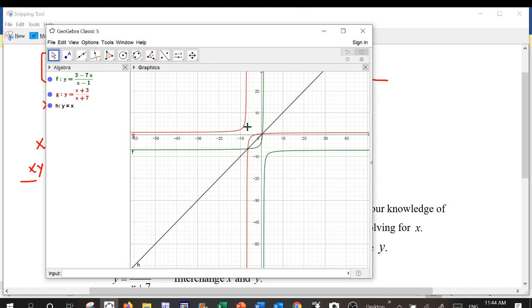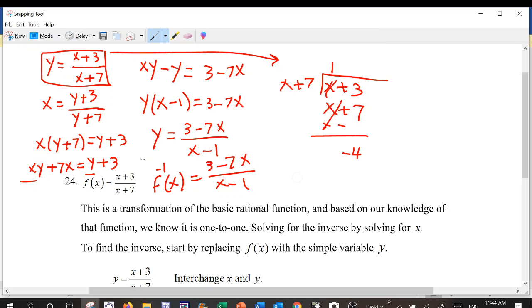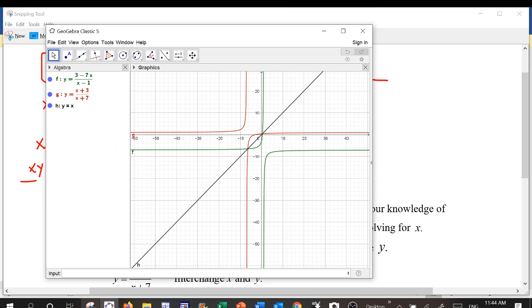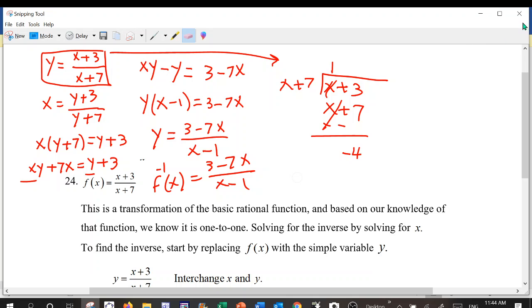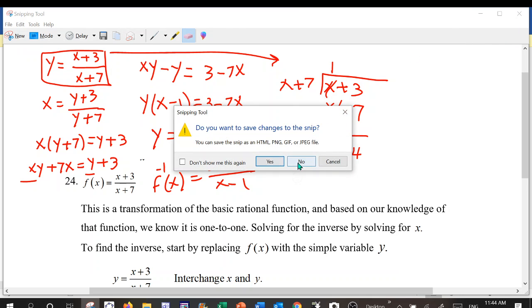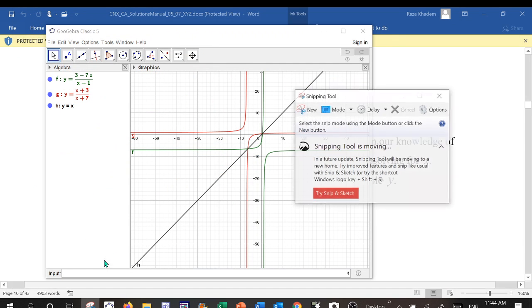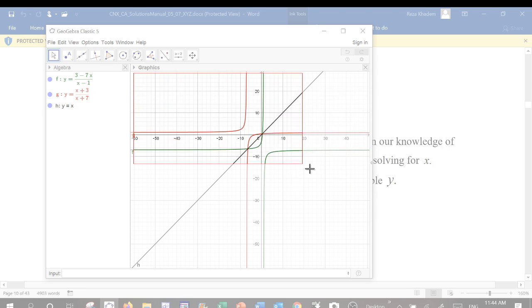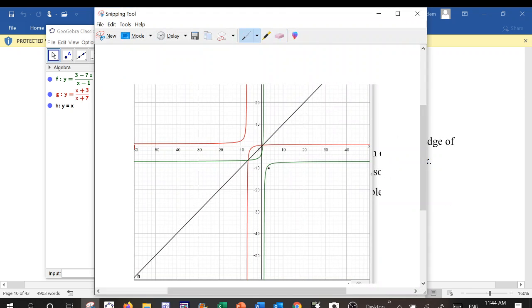So the green one is the inverse, and the red one is the function.